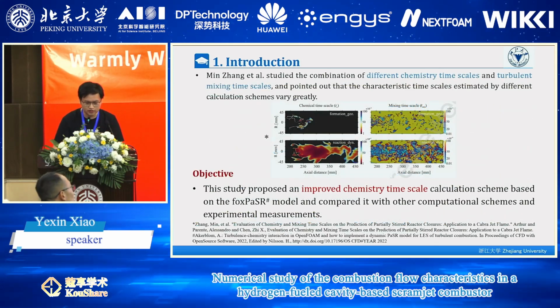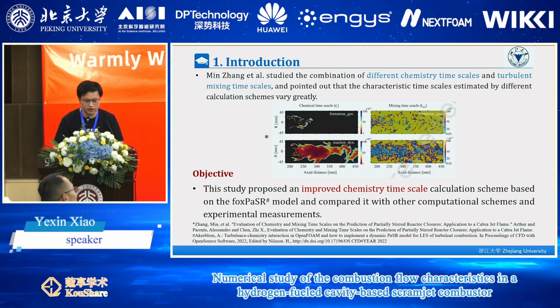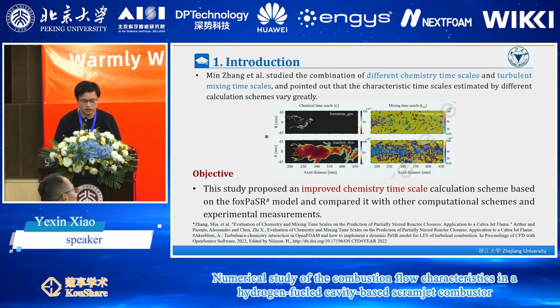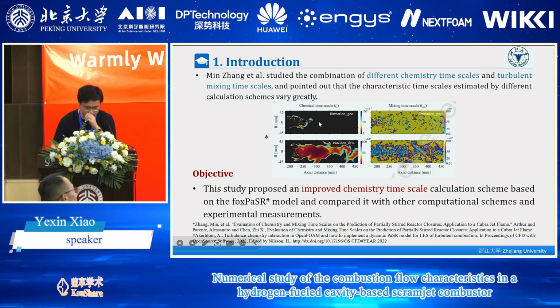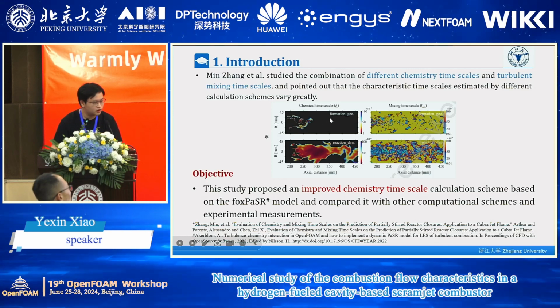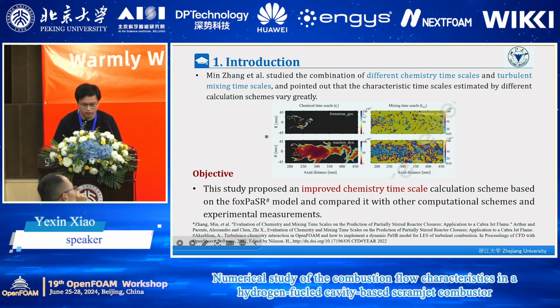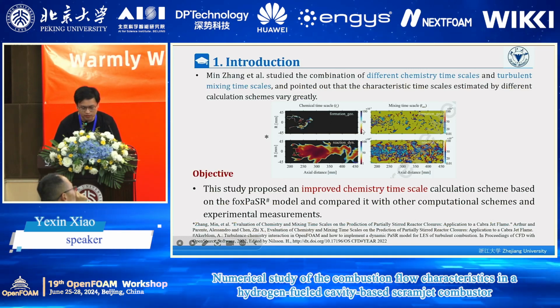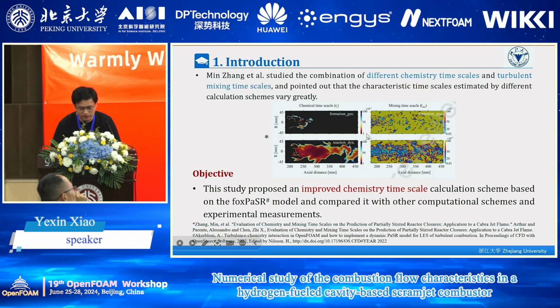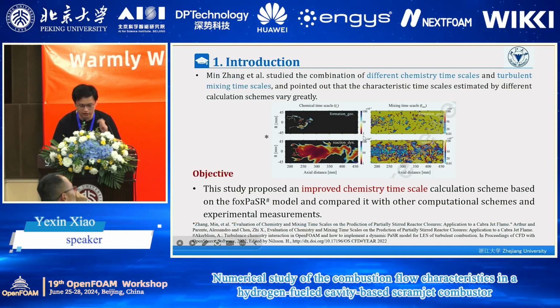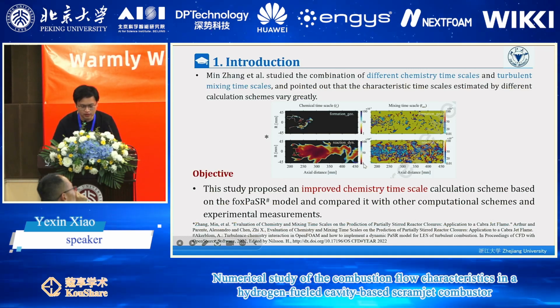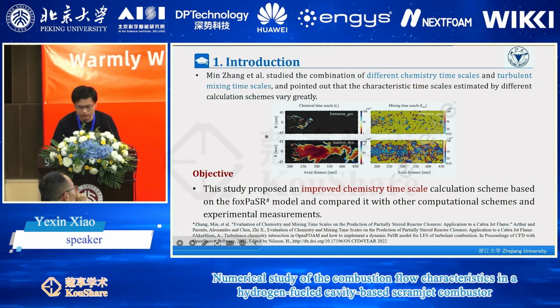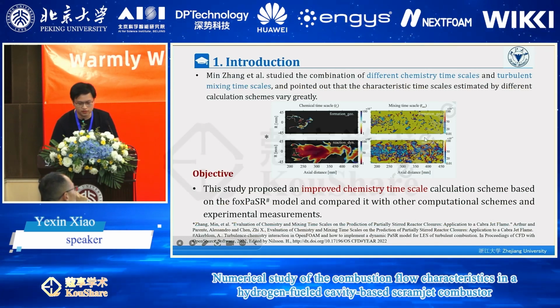Some people studied the combination of different chemistry timescales and turbulent mixing timescales, and you can see from this picture the timescale here varies greatly. The legend here ranges from about millisecond to second, and here is about microsecond to milliseconds, and the mixing timescale here is also.